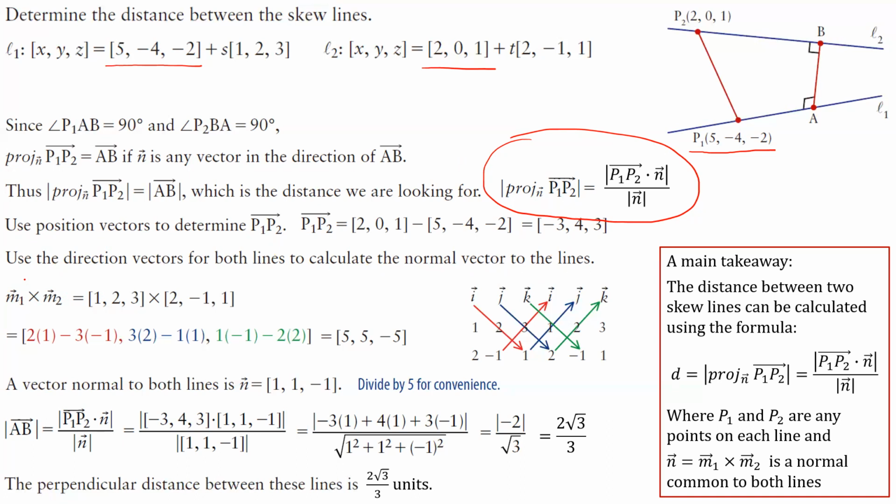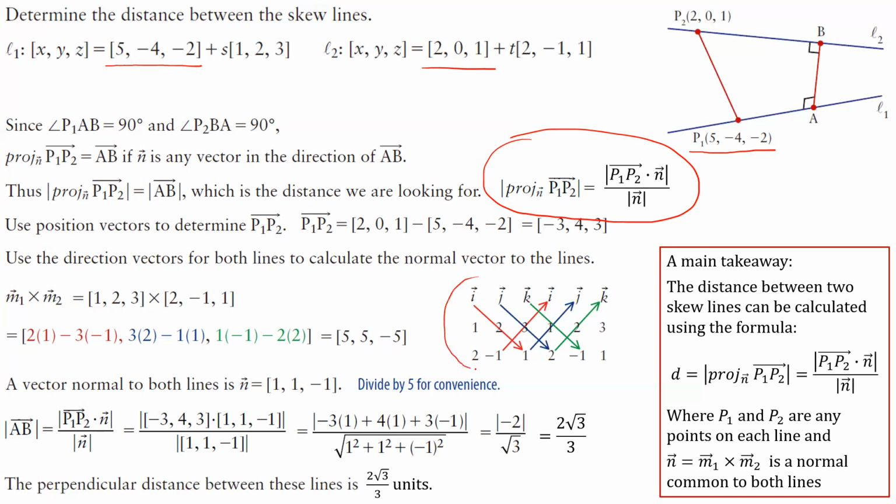Remember that the cross product of the two direction vectors for both lines gives us the resultant vector, which is perpendicular to both lines, right? So note here, the cross product between M1 and M2, which are the direction vectors for both lines, can be calculated to be (5, 5, -5), right?